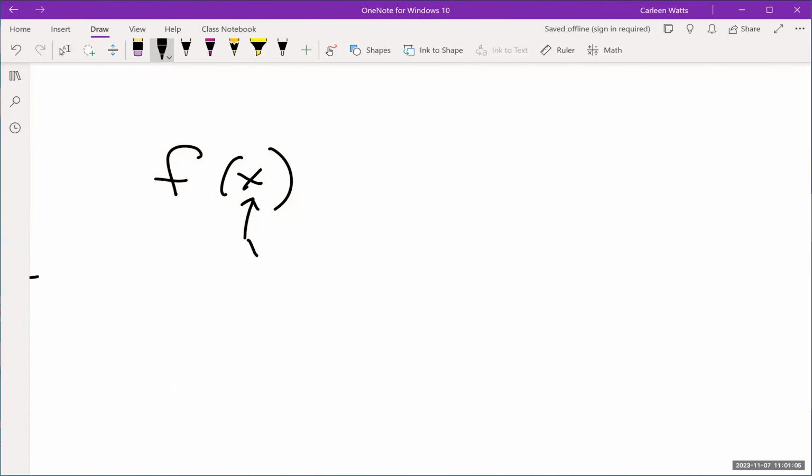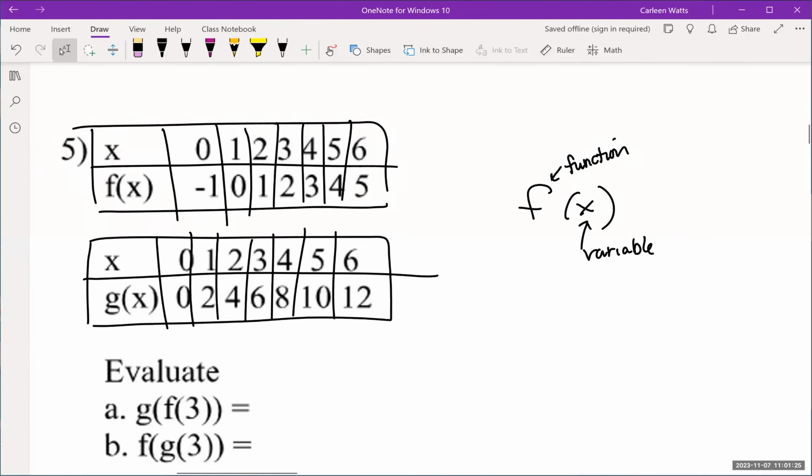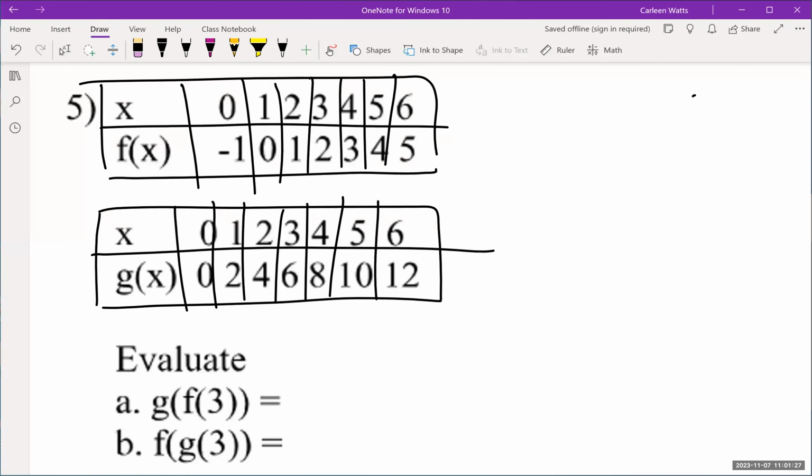Okay, so the X is the variable. F is not a variable, right? F is the function name. X is the variable. So X is the thing that we're going to plug in for. And F is just the function name. So I want this crazy thing. So first of all, how would I say that?